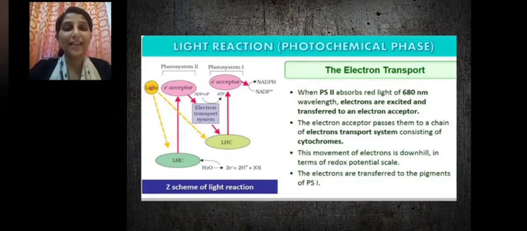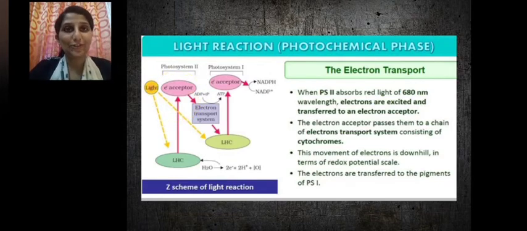And what happens in the reaction center when it accumulates the energy? The electron in it gets excited. The excited electron from the reaction center P680 of photosystem 2, on absorption of the red region of light, is accepted by an electron acceptor.